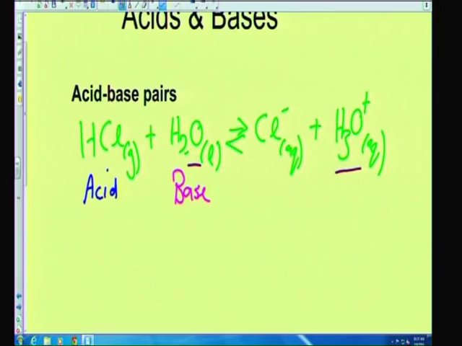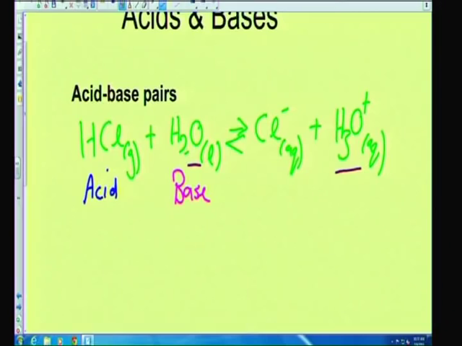So this particular substance, if I'm using the back reaction, H3O+ goes to form H2O. What's happened to it? It has donated a hydrogen ion. So in the reverse reaction it is behaving like an acid. What we would recognize is it is paired to the original base.